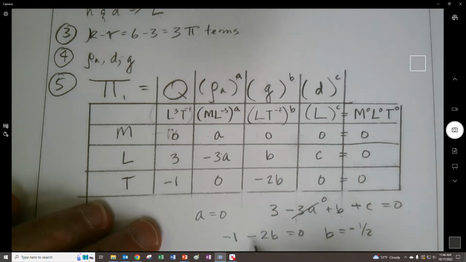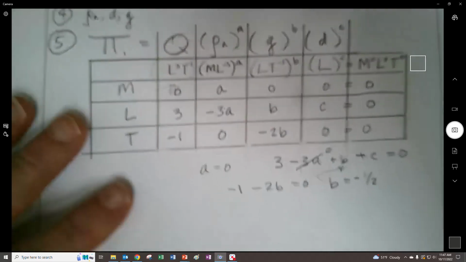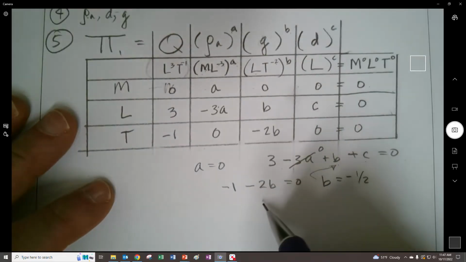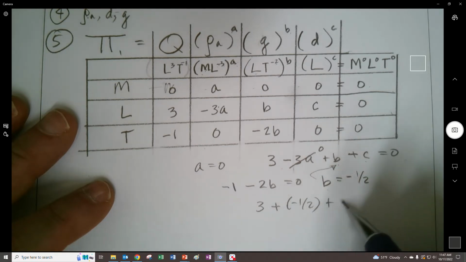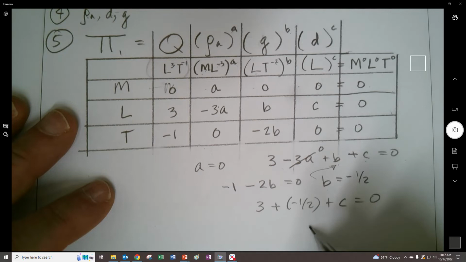Because you're going to bring this over to the other side. So knowing that, we can come back up and put this back into here. And we can see that we'd have 3 plus our negative 1/2 plus c is equal to 0. Therefore, c has to be negative 5/2.